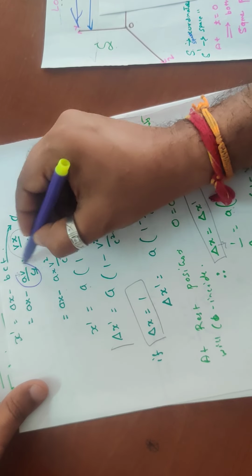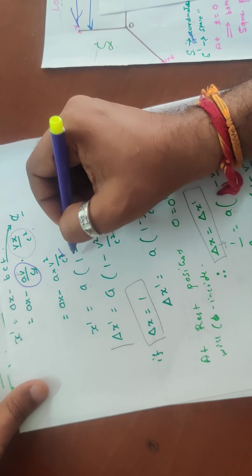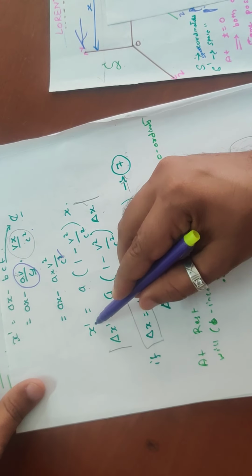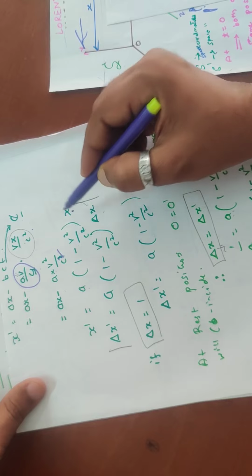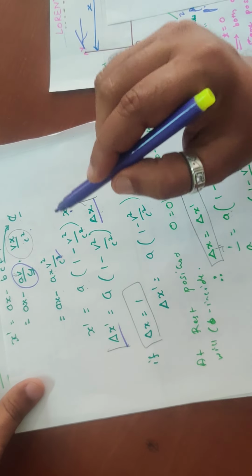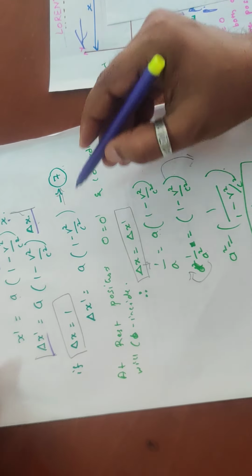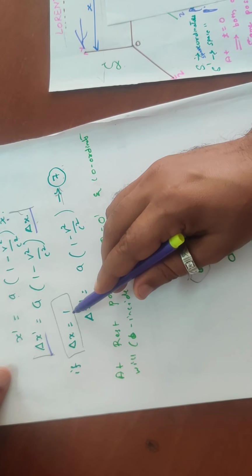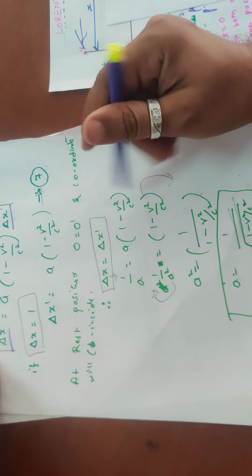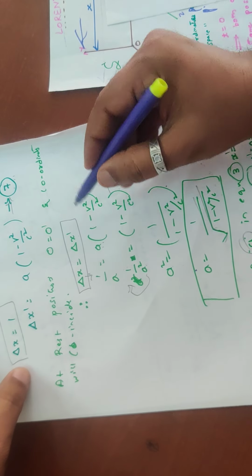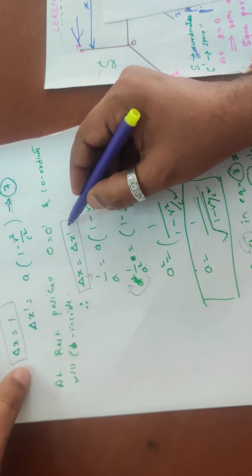Therefore, after substituting the B value, Ax minus ACt, we got x dash equal to A into 1 minus v square by c square into x. Got it? For a smaller change, we take delta x dash, and delta x dash equal to A into 1 minus v square by c square. At rest position we have focused, then delta x equal to delta x dash.